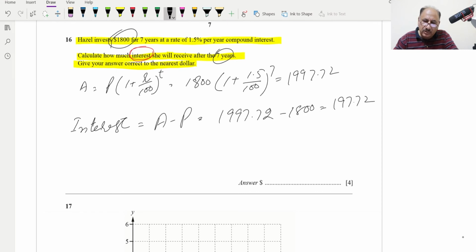This will be in dollars. But they're saying nearest dollar. So nearest dollar we can write as this one. $198 will be the final answer.